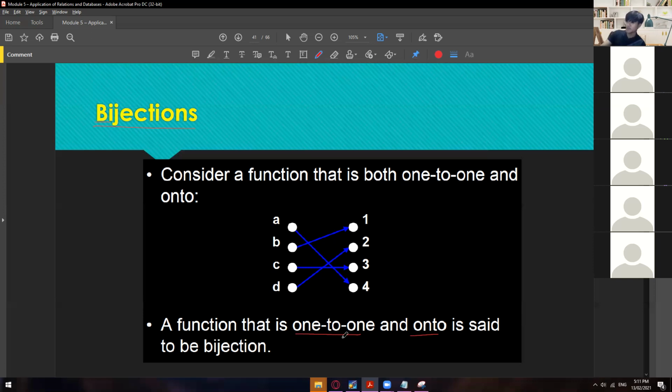How come? This one is super easy. As long as you have met this one-to-one and then onto, then that one is a bijection already. Okay, nakikinig ah. Anyway, that's it for bijections. Super simple as long as it's one-to-one and onto at the same time. We call it a bijection.